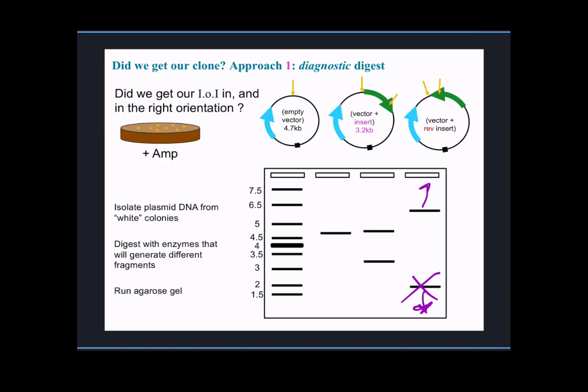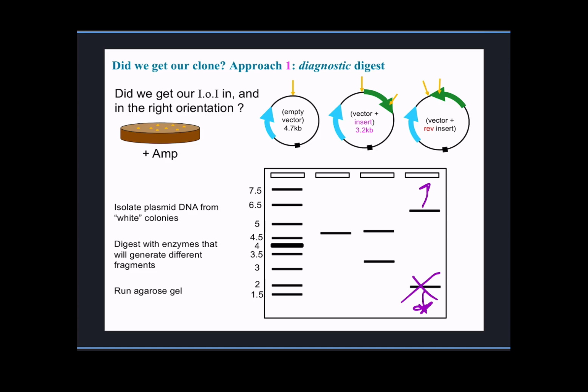So if you ever encounter that term, diagnostic digests, that's what it means. It's taking a vector that you hope has an insert in the right orientation from bacteria, and then using these tricks of using different combinations of restriction enzymes to see if you see a banding pattern that makes sense with what you expect. Okay.